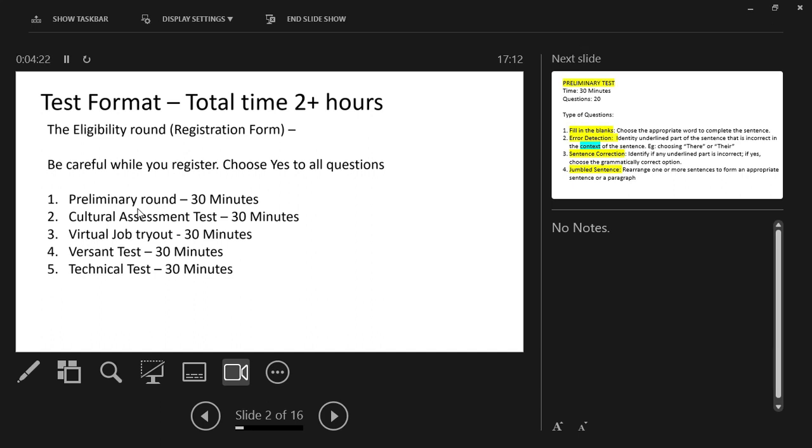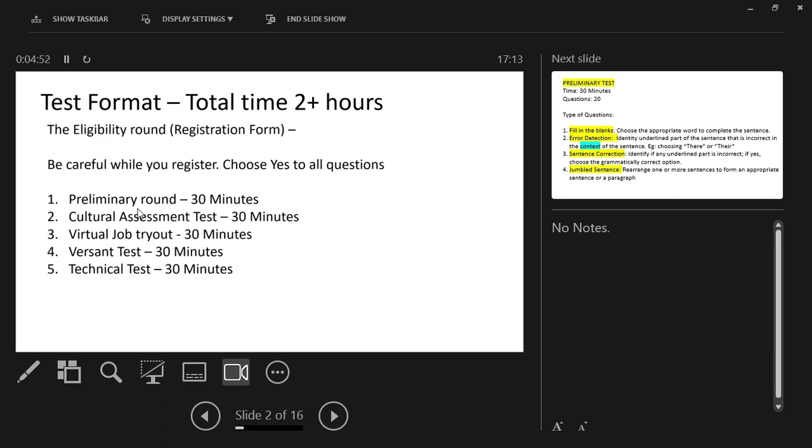If you don't pass the preliminary round, you would not be able to proceed, and the system will give you a message saying thanks for applying, but sorry, you have not passed the test. Please try again some other time. So you should pass the preliminary round. This is a very important module, and once you're done with this, you can proceed to the other rounds.